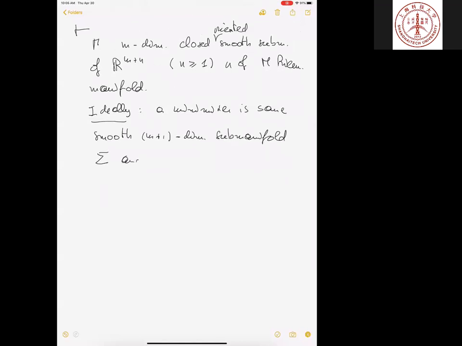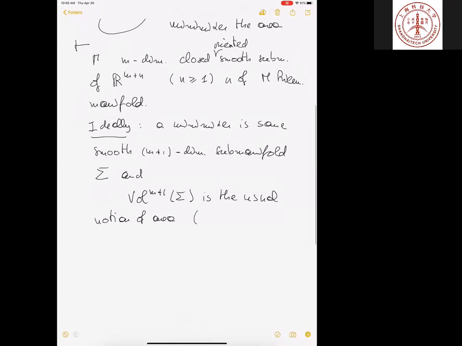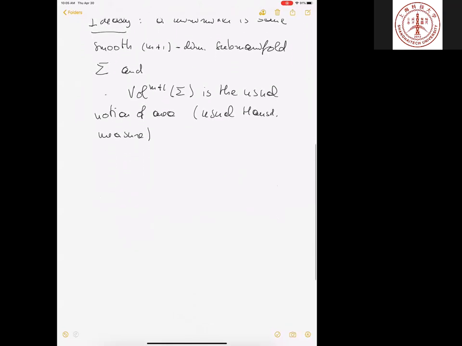and what I understand as (m+1)-dimensional volume of sigma, this is the usual notion of area. So which in the Euclidean space, for instance, it could be the usual Hausdorff measure. And so that's the first point.